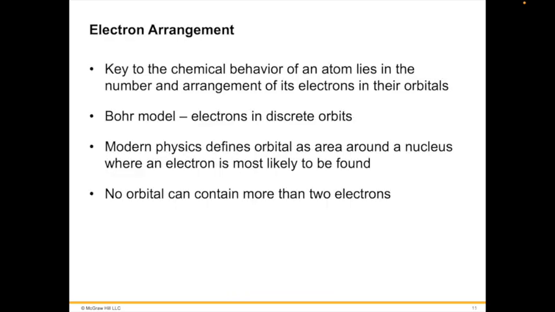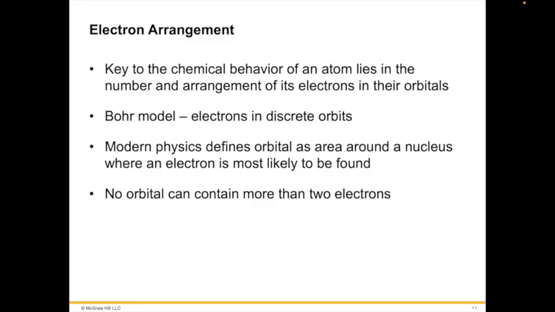The key to chemical behavior of an atom lies in the number and arrangement of its electrons in their orbitals. The Bohr model of the atom shows individual electrons as following distinct circular orbits around a central nucleus. The trouble with this simple picture is it doesn't reflect reality.